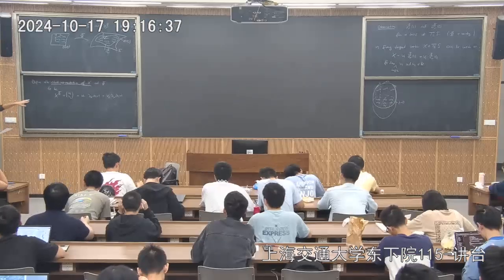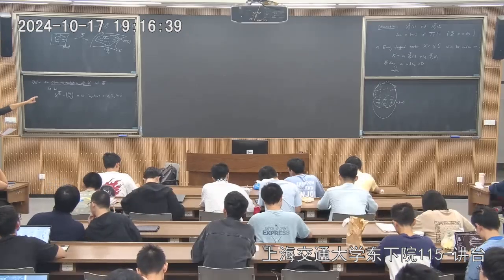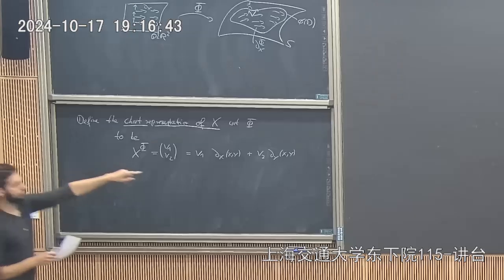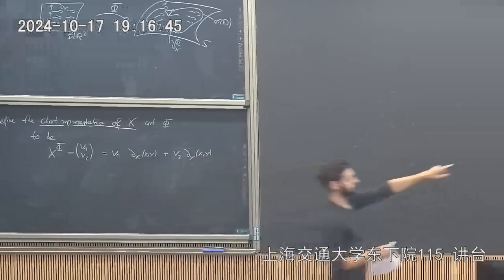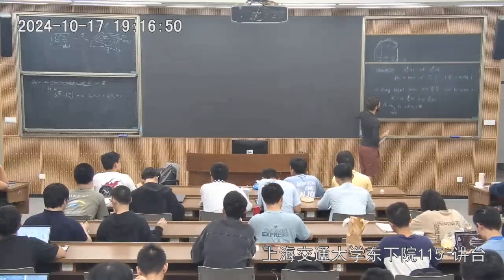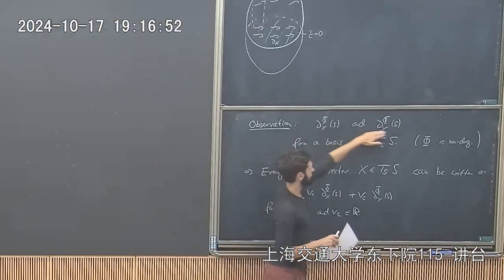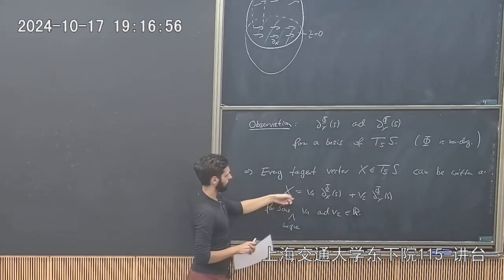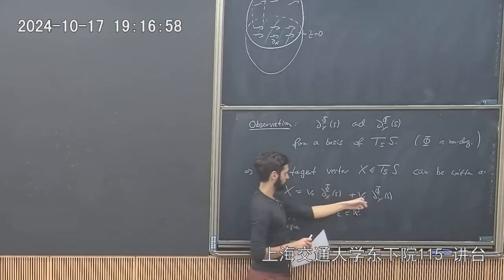So what you do is you have x, and first of all you find these two vector fields, d phi x and d phi y, on S. Once you have that, every other vector can be represented in terms of two numbers.